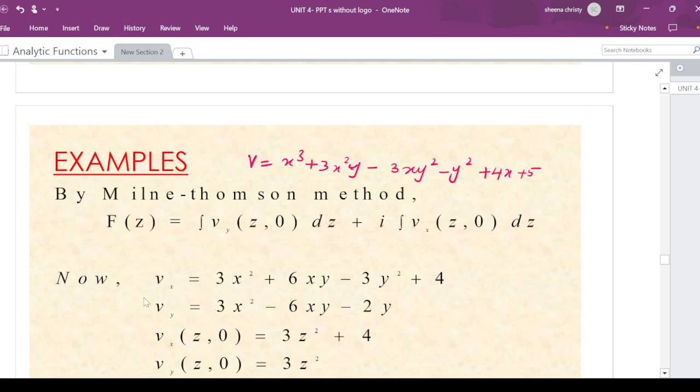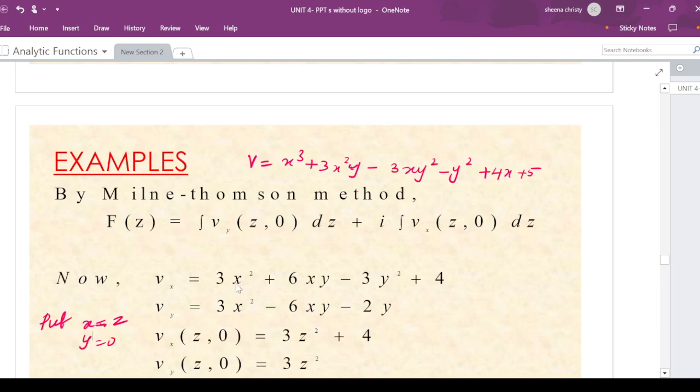Okay. So put x equal to z and y equal to 0 in these two, Vx and Vy.